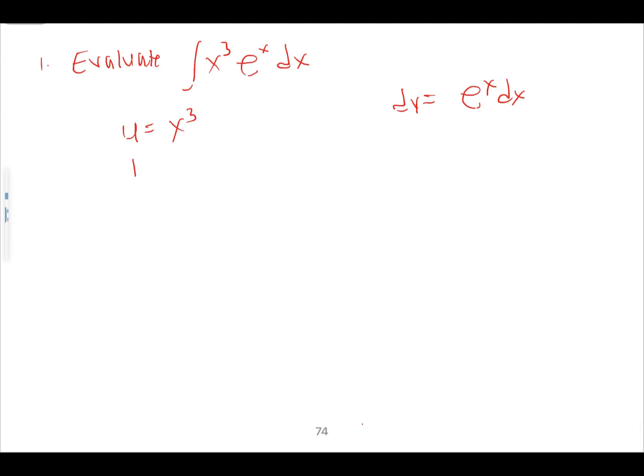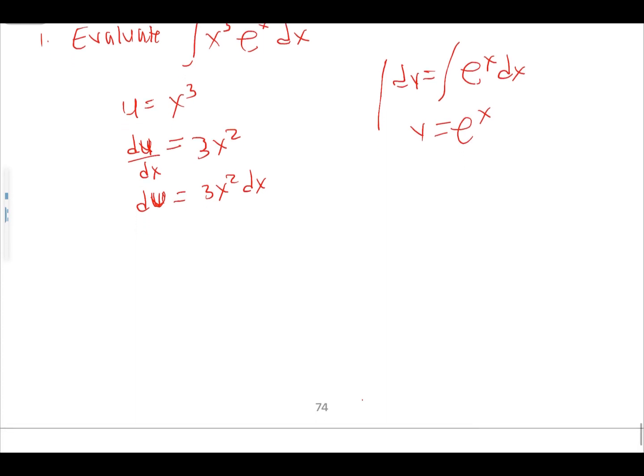So in doing this, you'll be able to come out with your du and your dv. Our du dx is going to be 3x squared, or du, sorry, we are dealing with u. And our dv here, when we integrate both sides, we are going to get exponent x.